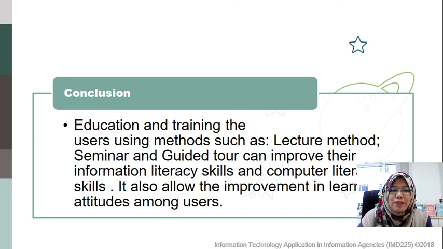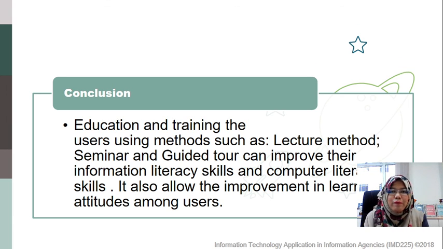Alright, as a conclusion, educating and training the user using methods such as lecture, seminar, and guided tour can improve their information literacy skill and computer literacy skill. It also allows improvement in learning attitudes among users. Besides, at this moment, we should know that the library can also provide other ways of giving instruction or suggestions to the user online.